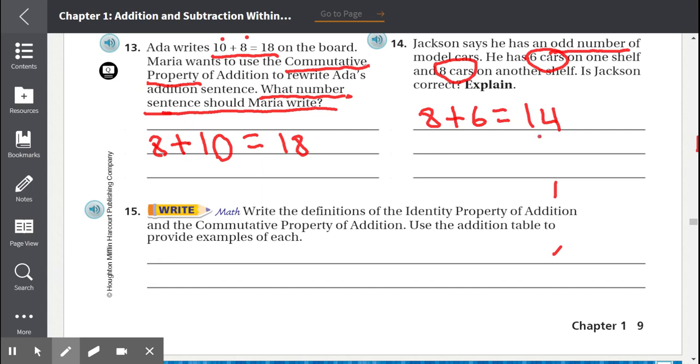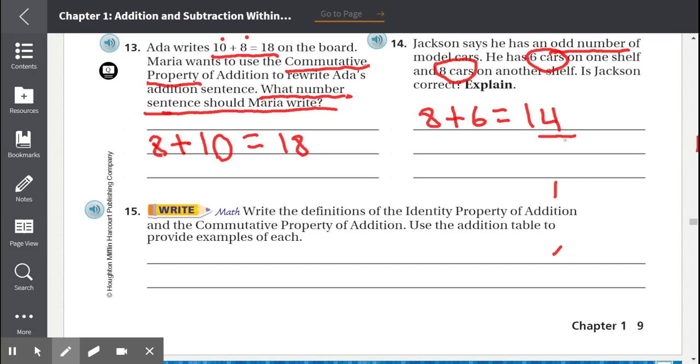So the number at the end is 4. 4 is not an odd number. 14 is an even number because any number that ends in 0, 2, 4, 6, or 8 is even.